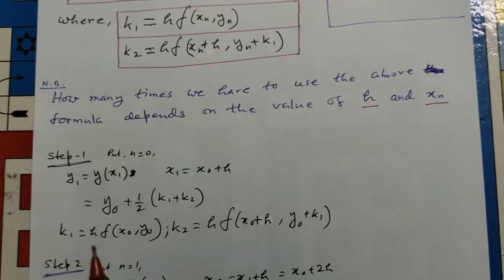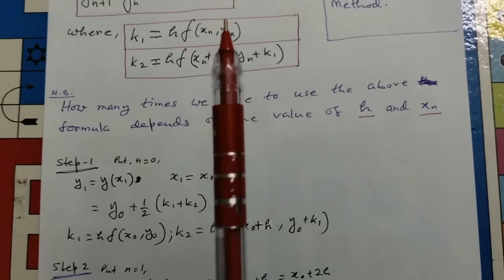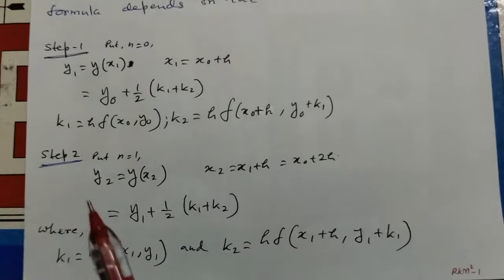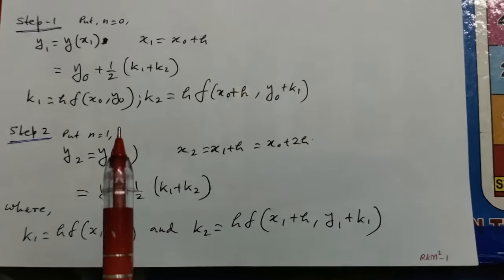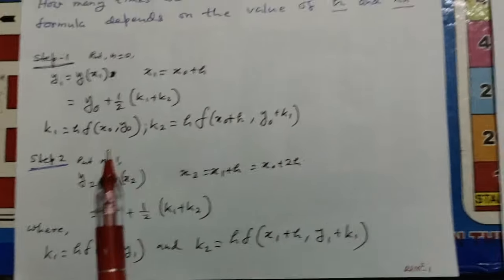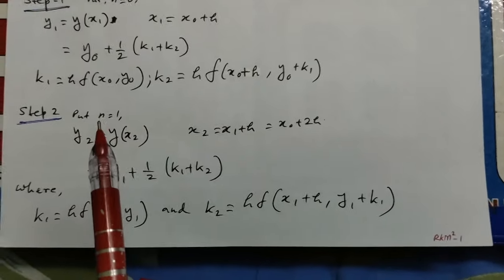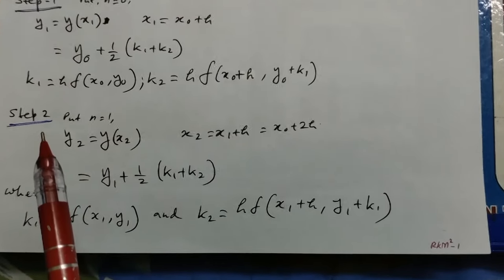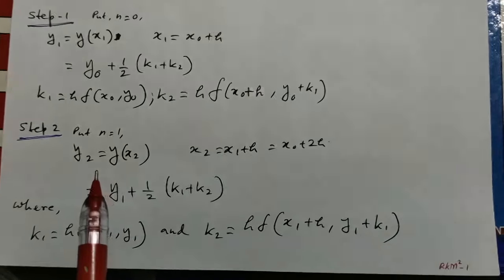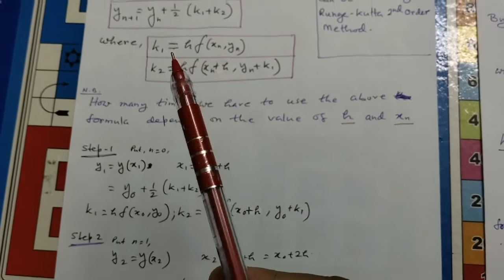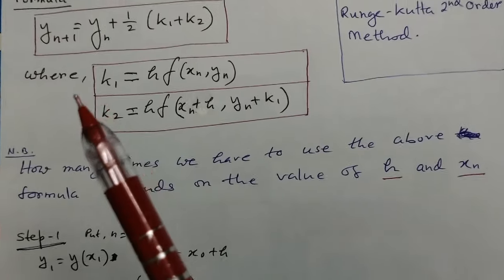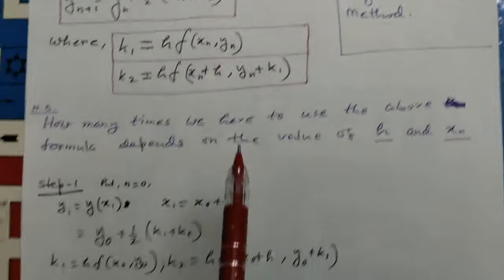Now if we need to put the value of n as 1, then we have to go for step 2. It depends on the question how many steps we have to go for. If we go to step 2, we put n equals 1, so y2 becomes y(1+1), and it is based on y1.